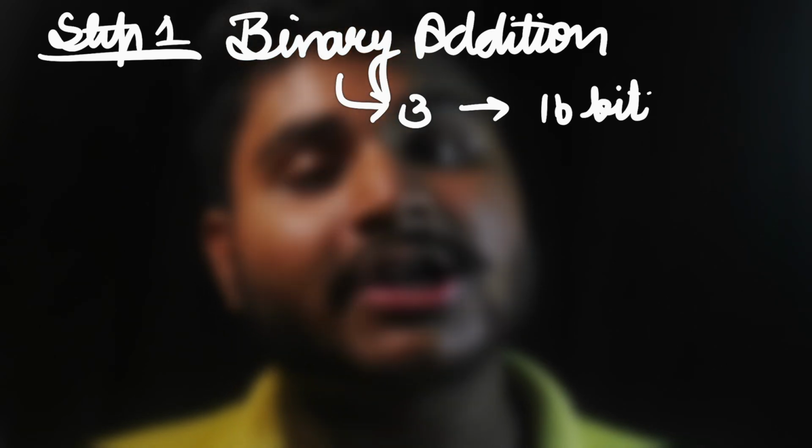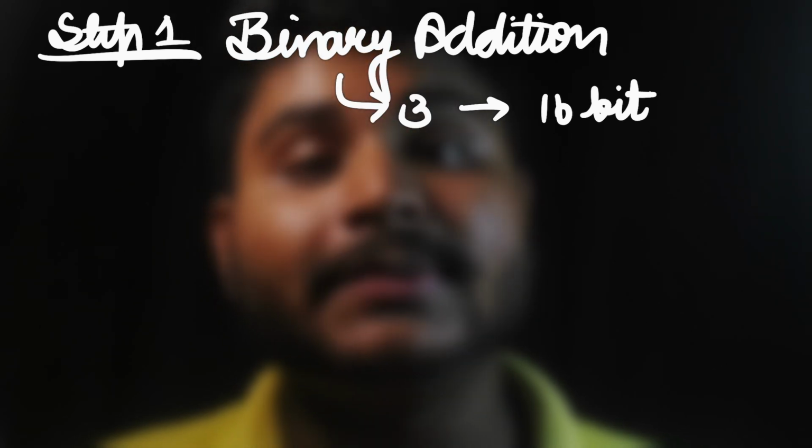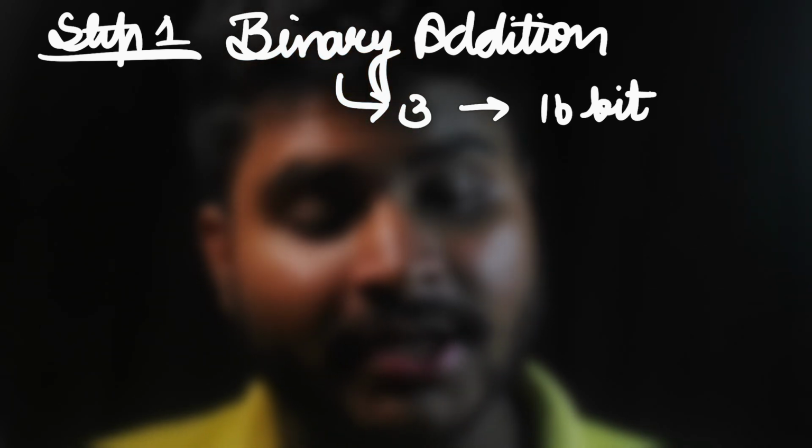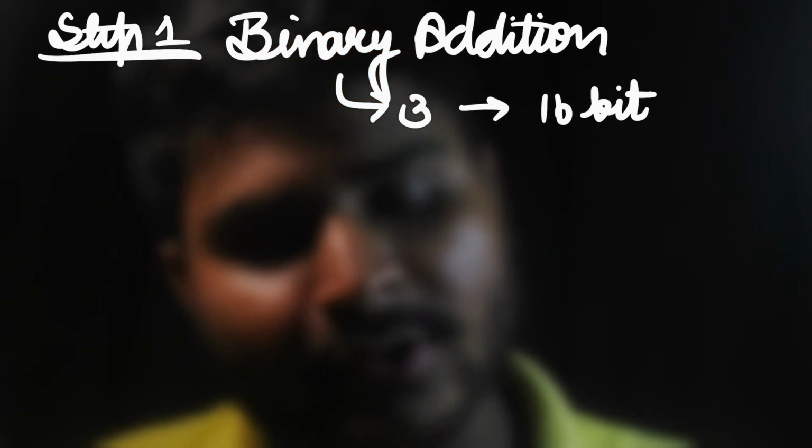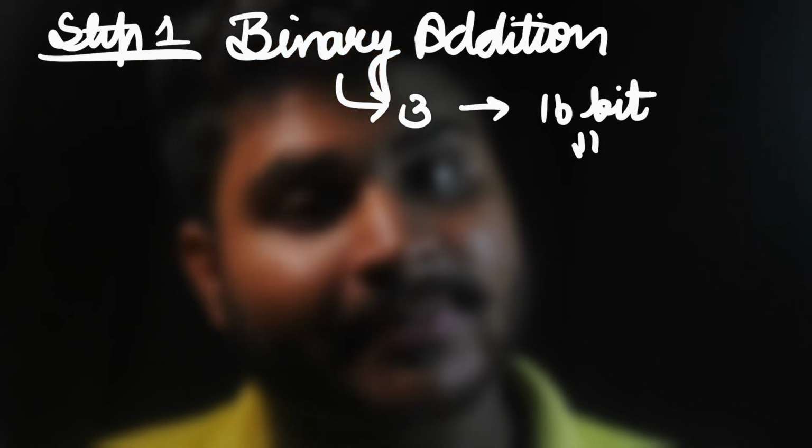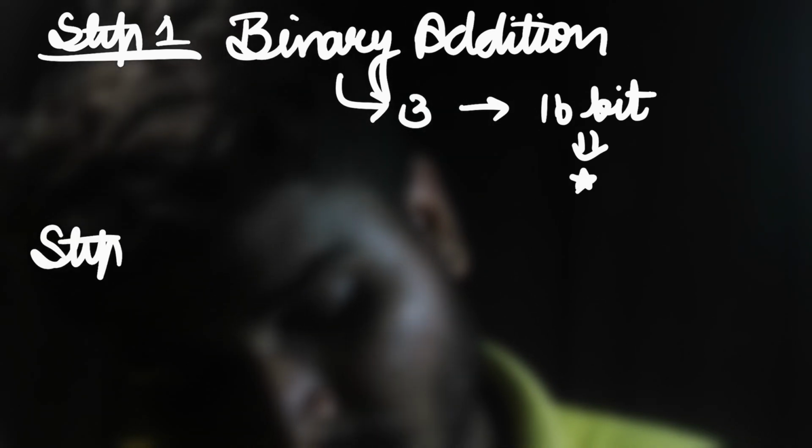And what happens if we get a carry? That carry is wrapped around. What does that mean? We add that carry to the least significant bit, and whatever output we get will be the output for step number 1. Now what happens in step number 2? In step number 2, we just find the ones complement.